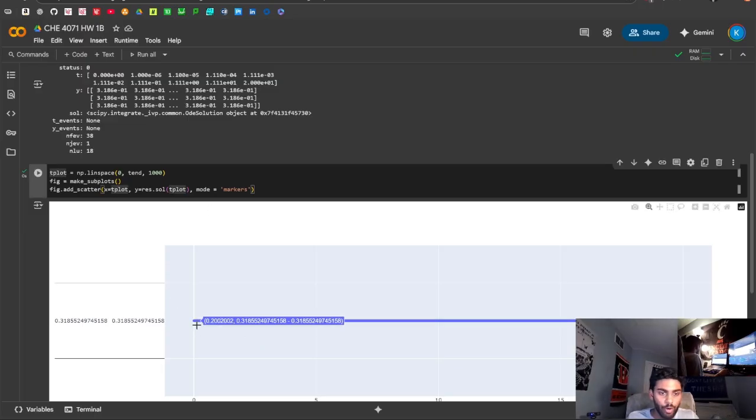So right now it's trying to plot all three things at once. As you can see, it's not necessarily exactly what we need. It's kind of just smushing all three lines into one set.